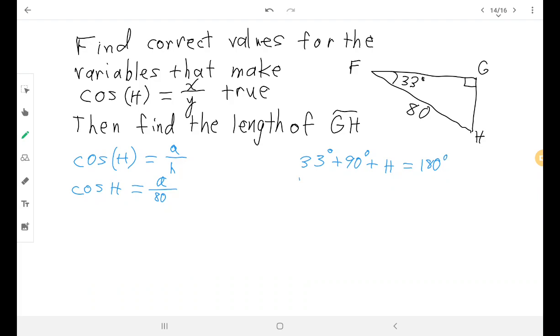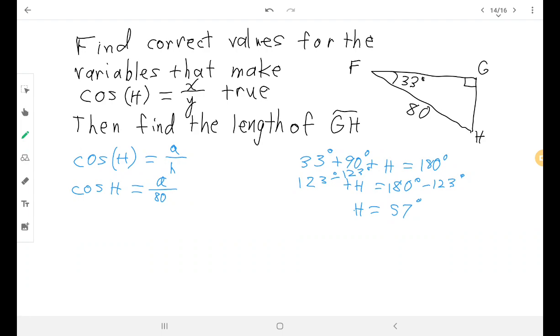And so that would be 123 plus H equals 180. Subtract 123 degrees from both sides, and I get H to be, what's 180 minus 123? That's 57, right? Yeah, 57.